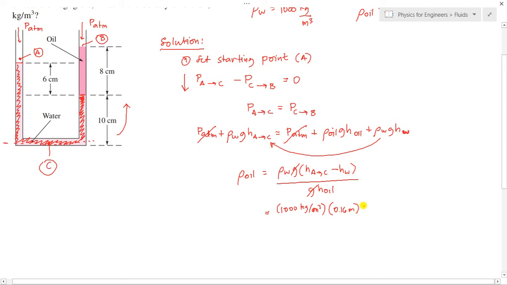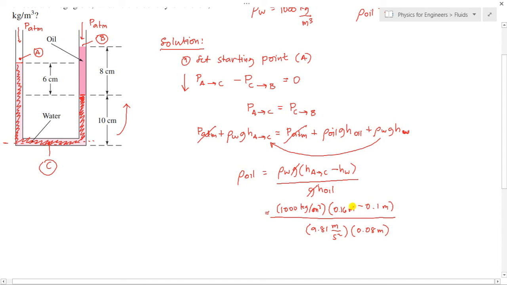Then minus the height of the water from the lowest point of the oil to letter C, that is 10 cm, or minus 0.1 meter, all over the acceleration due to gravity, 9.81 meters per second squared, multiplied by the height of the oil, 8 cm, or in meters 0.08 meters.